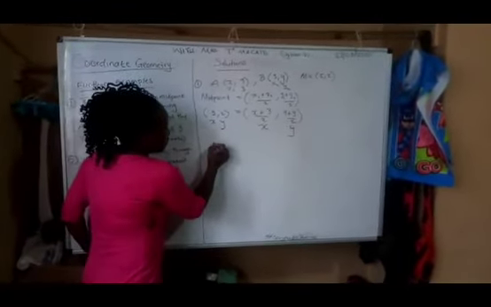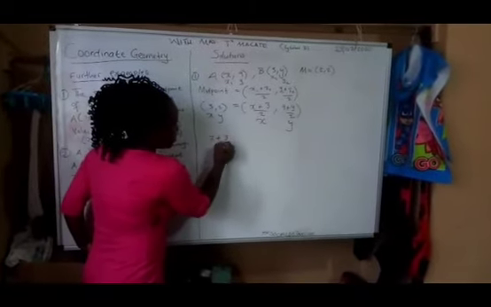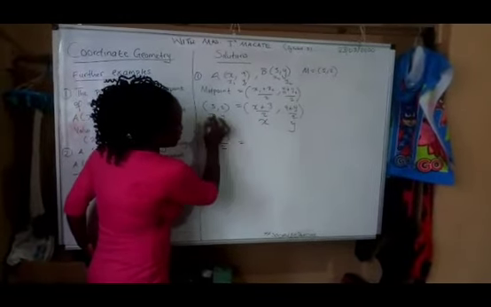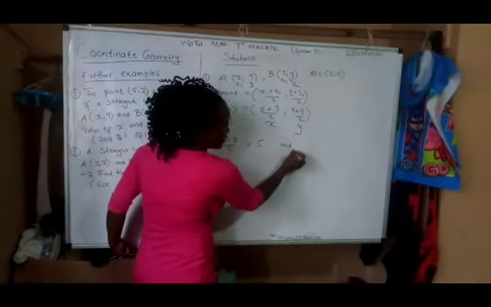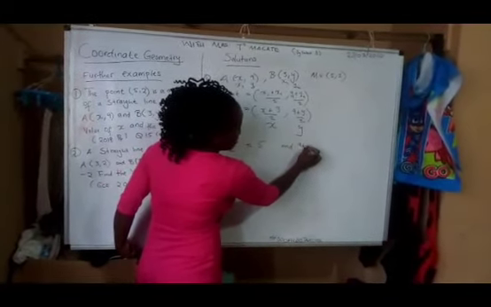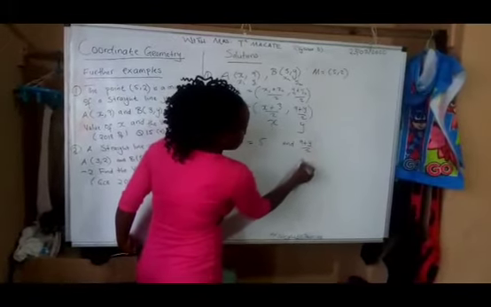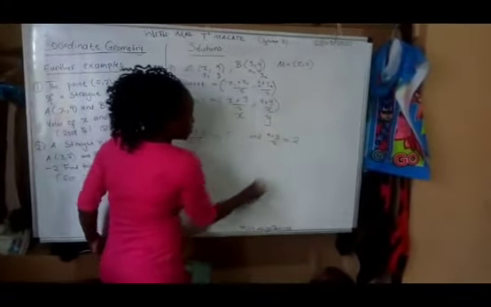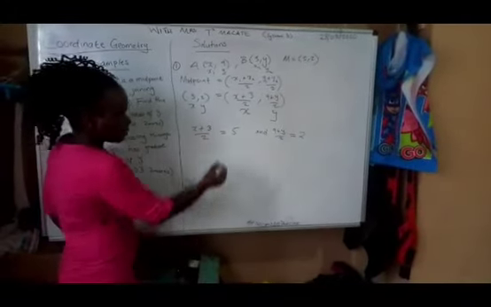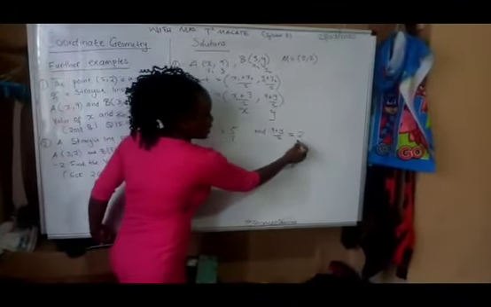We're going to have (x plus 3) over 2 being the same as what you have on x, which is 5, and (9 plus y) over 2 being the same as what you have on y, which is 2. From this stage, we make this one over 1 and this one over 1.